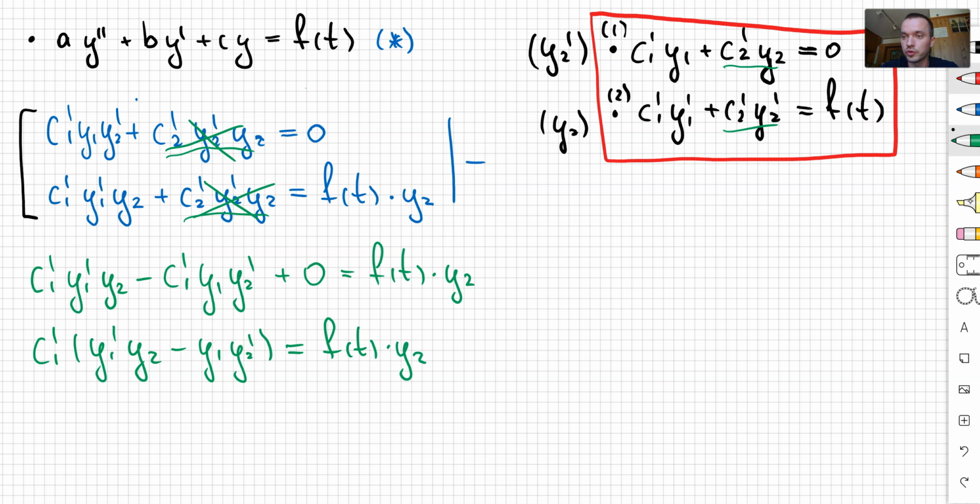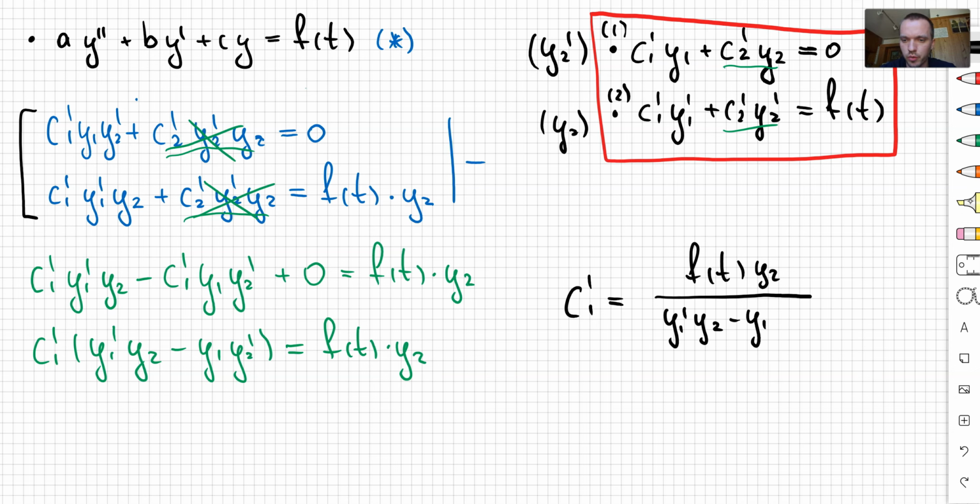And finally, if I divide both sides by this expression over here, I'm going to obtain that c1 prime is equal to f of t y2 over y1 prime y2 minus y1 y2 prime.